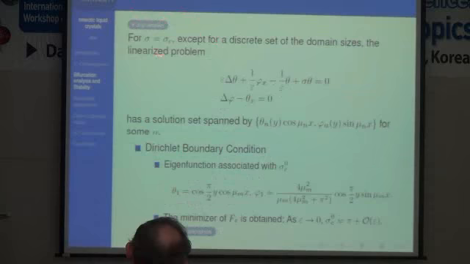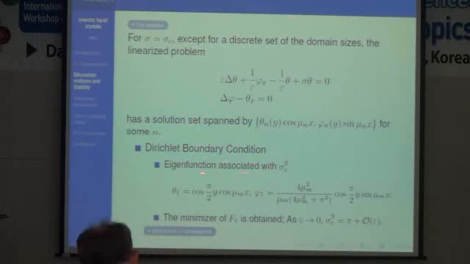For the linearized problem, we prove that the kernel is spanned by one element. So the kernel is one-dimensional except for a discrete set of domain sizes, for the Dirichlet boundary condition, and we can see that it matches the result we found in the gamma convergence theory.